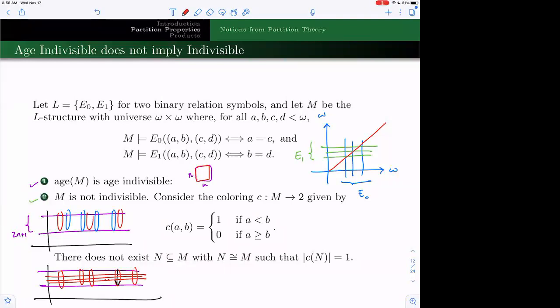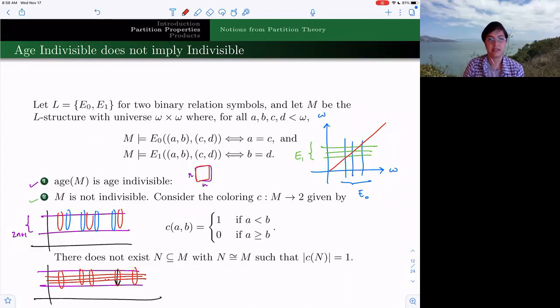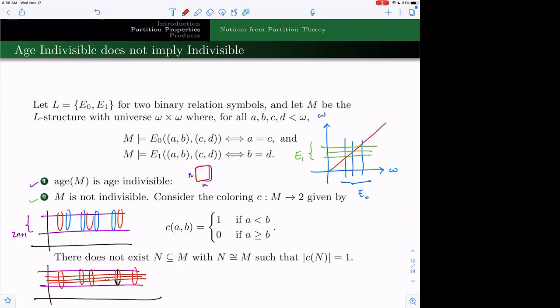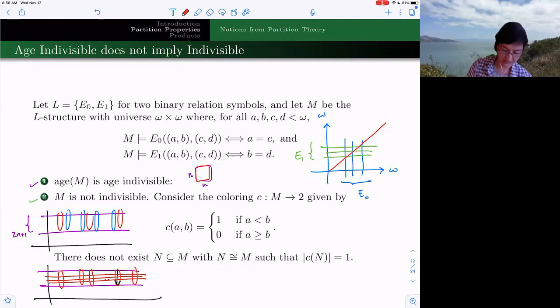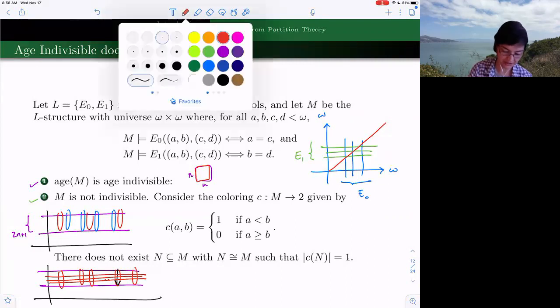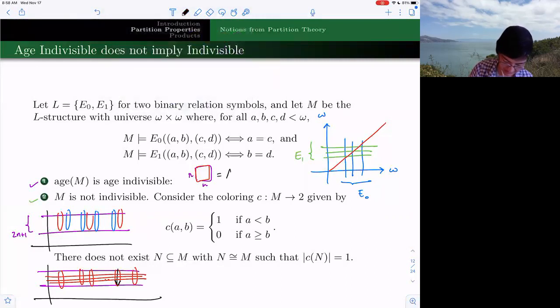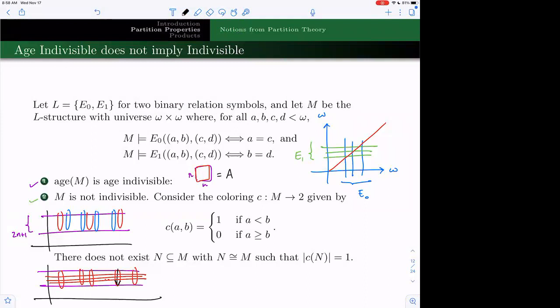But what was the definition of age indivisibility? It was, you needed a countable structure, no, in the end? That's indivisibility without the age on it. So can you remind us what age indivisibility means? Yeah, so age indivisibility is for any finite structure A, I need to find a monochromatic A in the infinite structure, for any color you want.